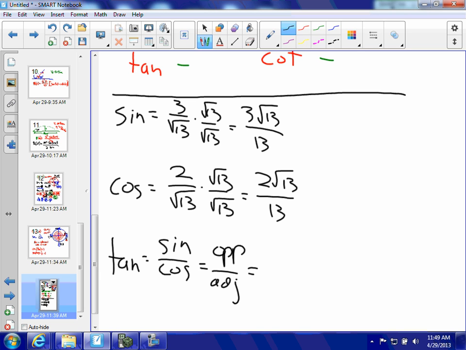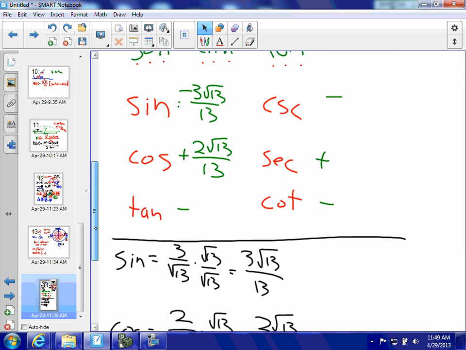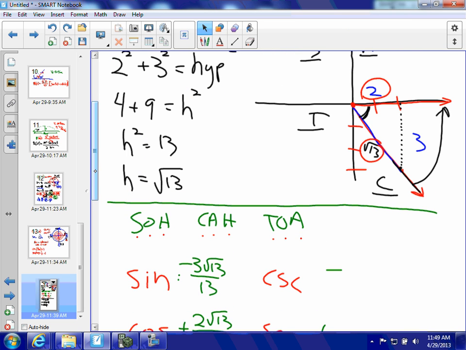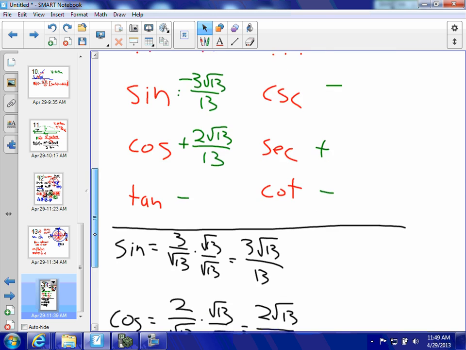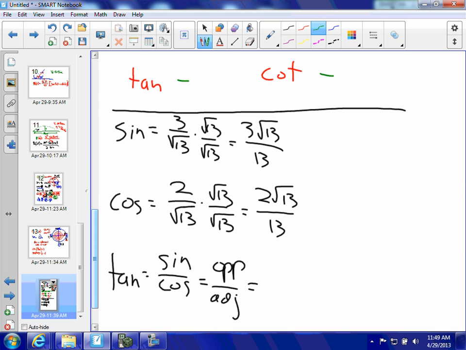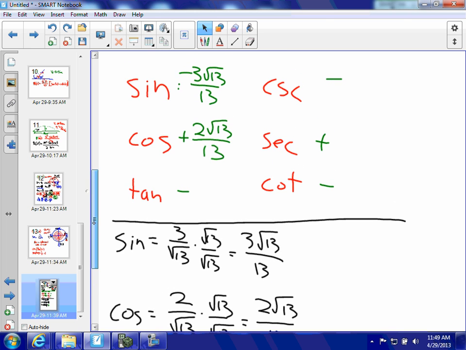And if I look back at my triangle here, my opposite is 3, my adjacent is 2. My opposite over adjacent is 3 halves. So I know that my tangent is going to be negative 3 halves.